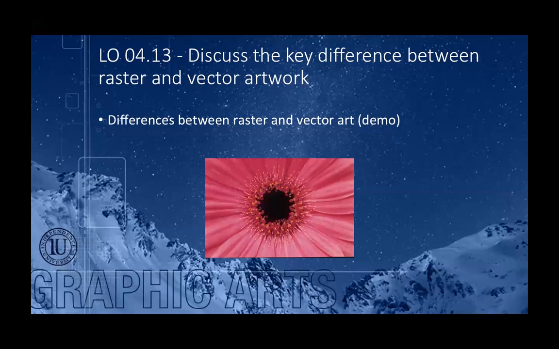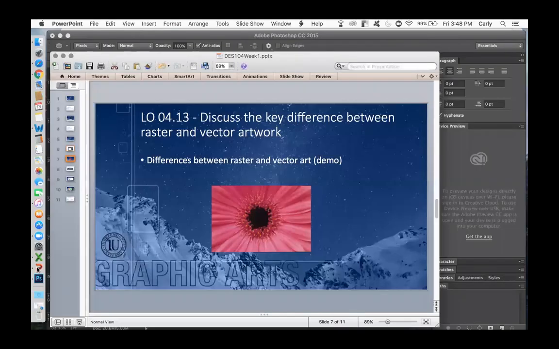Instead of being made with individual squares of color, it's made by a mathematical calculation called a path, and then it fills in that path with color. And the cool thing about a vector design is that you can resize that vector design as much as you want without losing resolution, as long as you maintain the native file format. So let's take a look at actually what that means.